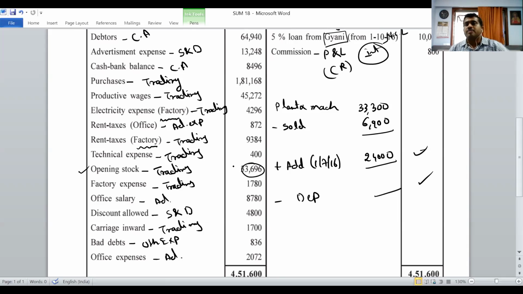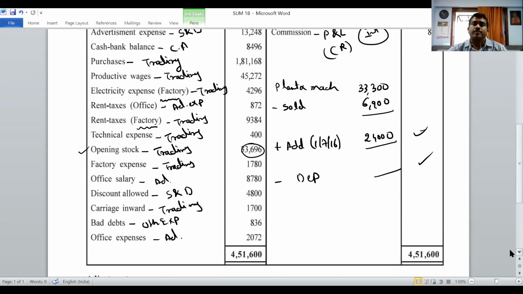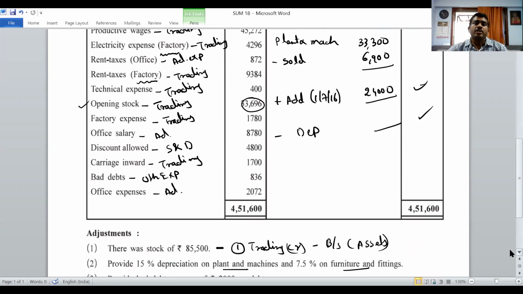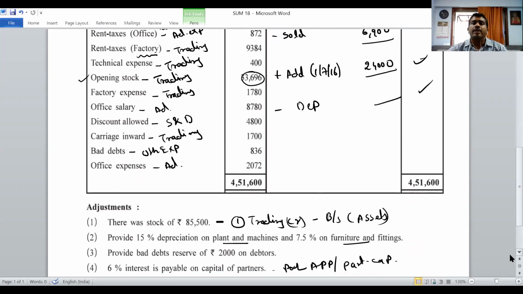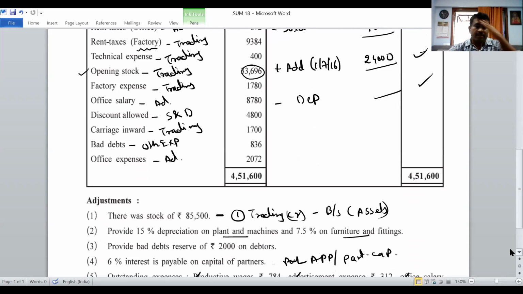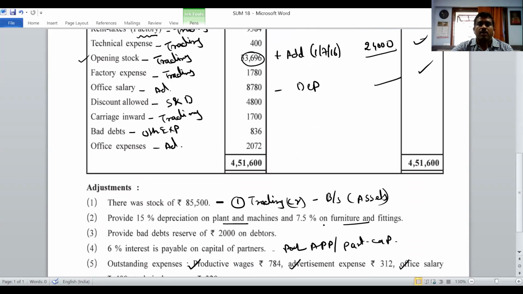Remember the format: bad debt old plus bad debt new plus BDR new minus BDR old. Other expenses, that is office expenses, that means administrative. Closing stock goes to trading account credit and balance sheet asset. Then the depreciation, that we'll do afterwards. Bad debt reserve on debtors, debtors are ticked. Interest on capital or expenses.